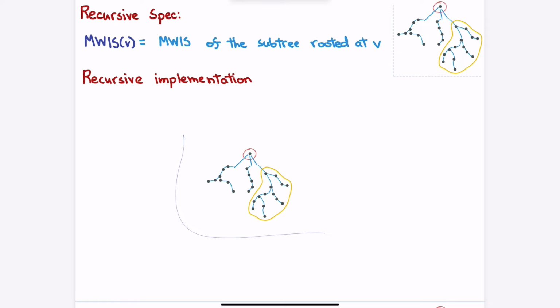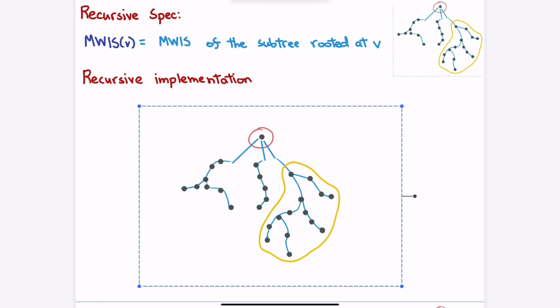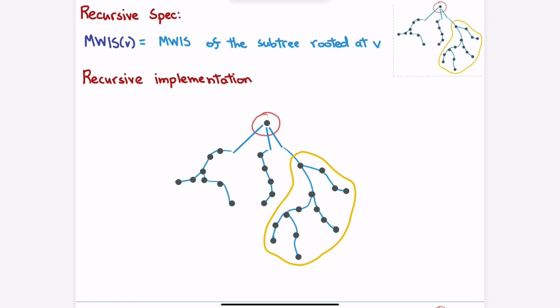So here's our tree. And then you're going to say something like, okay, suppose I want to put this vertex in my independent set. Then down here, I want to get, for my subproblem, a big independent set, except it's not allowed to have the root. Okay? So I want to make my subproblem stronger.